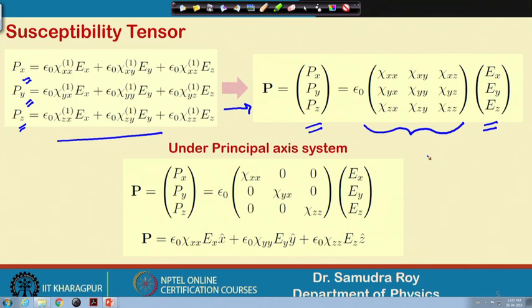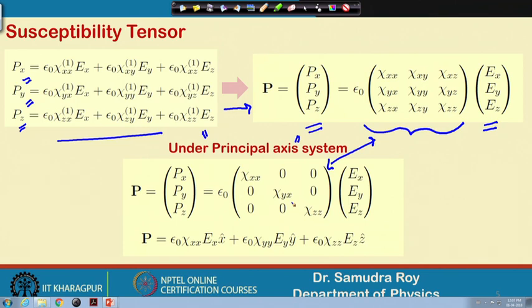In this case, if my coordinate system is a special coordinate system, which we call the principal axis system, we can diagonalize this matrix. When we diagonalize it, these 9 components are compressed to 3 different components, and only the diagonal components remain. And this is a very straightforward technique.